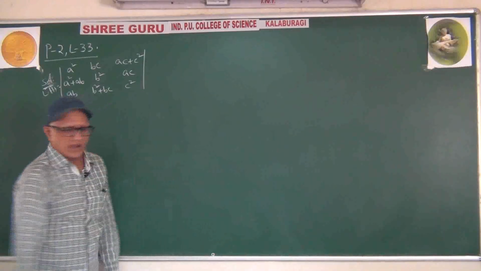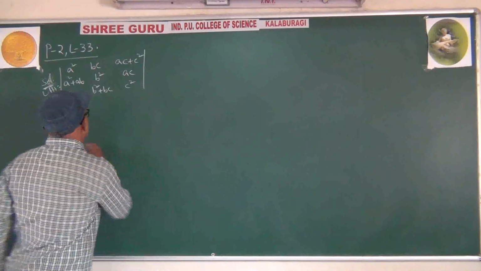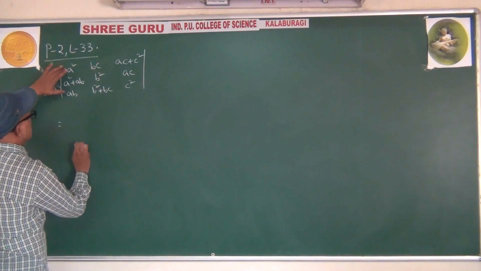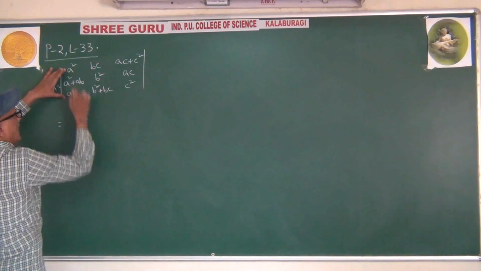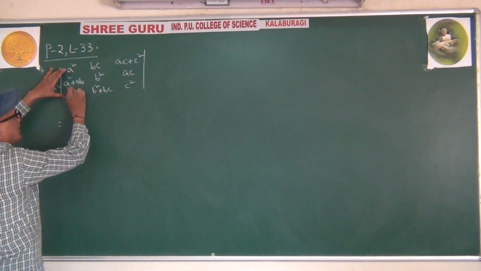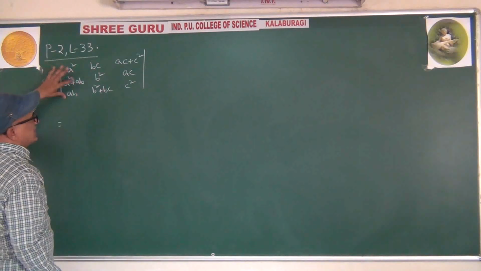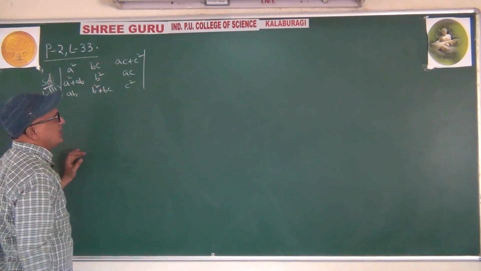Any two rows we have to add and subtract the third. That is the thing. Why? Because a square plus ab, if you add first row and third row and subtract this one, it gets cancelled. 0 will come. One 0 is enough.